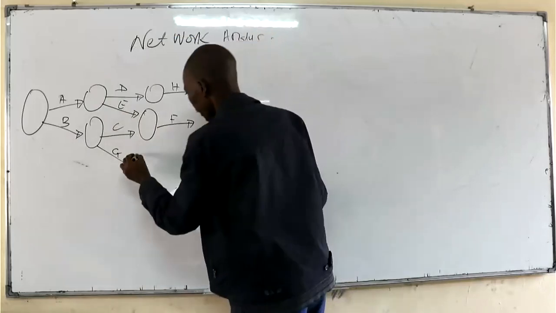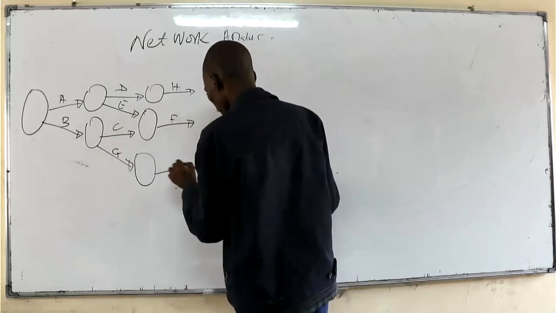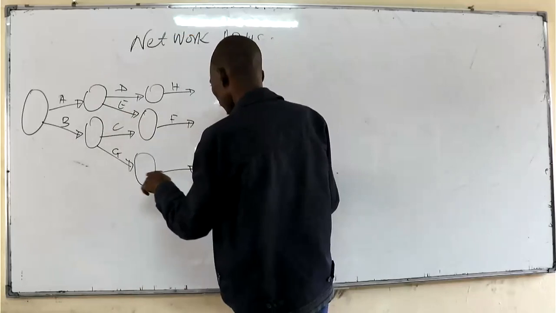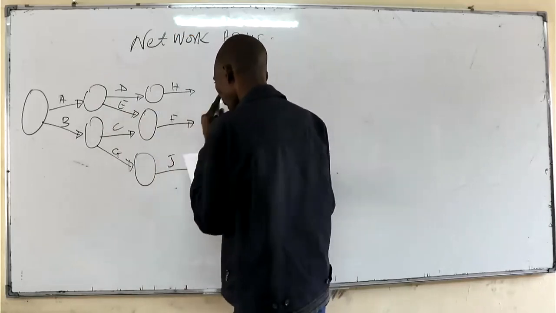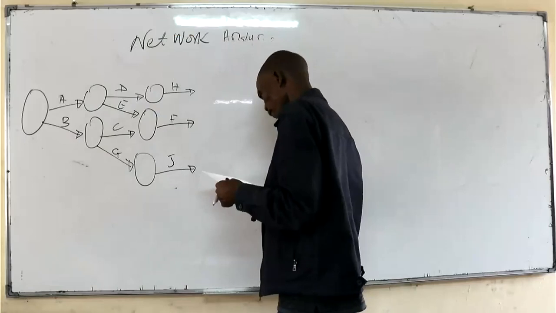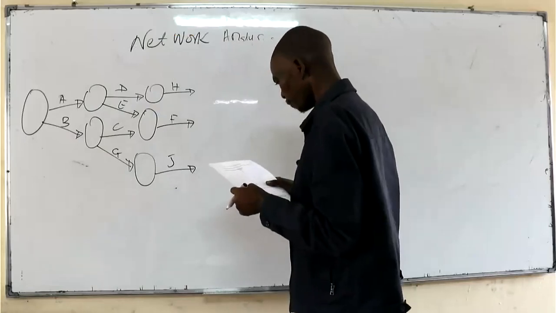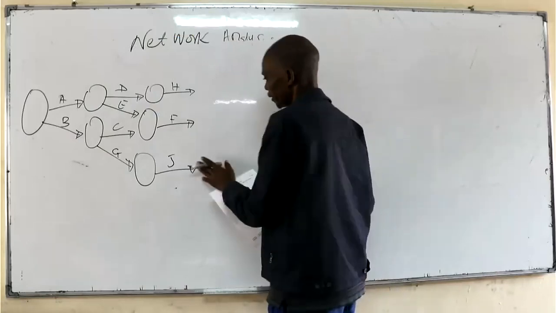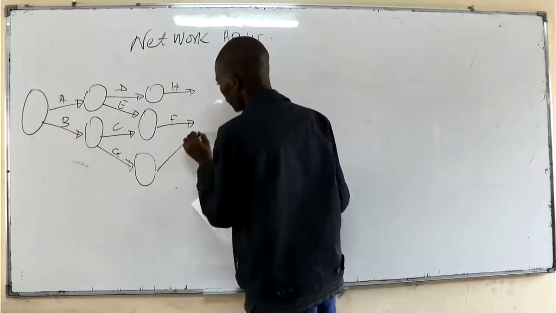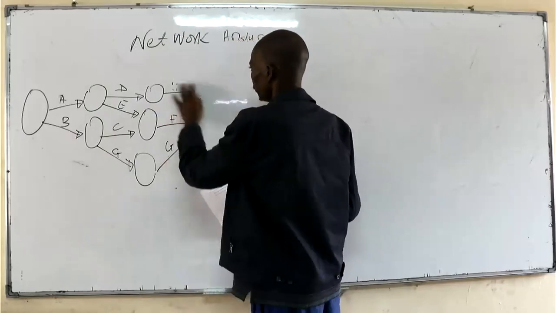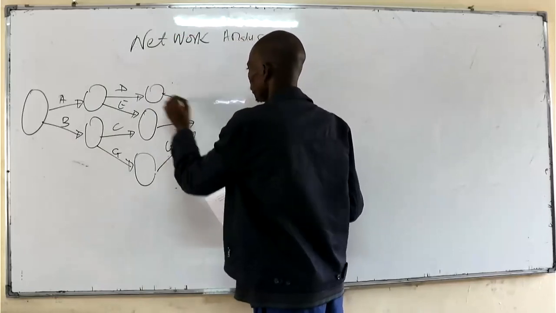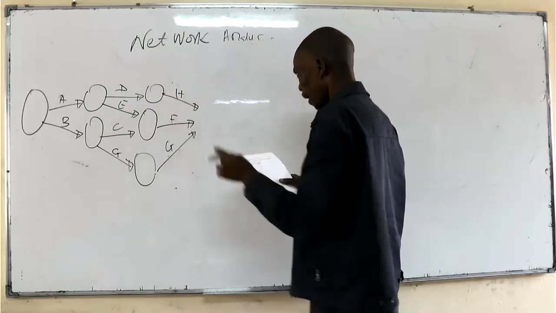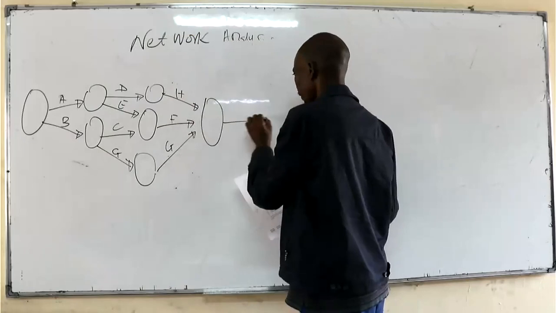So J is actually ending there. G must end for us to start J. And then you've been told for I to start, F, H, and J must end. So the three must end at the same time. So this is J, this is H. For us to be able to start I, the three must end there.